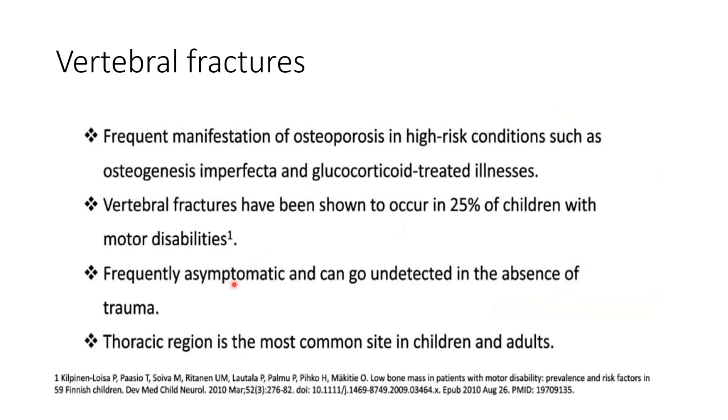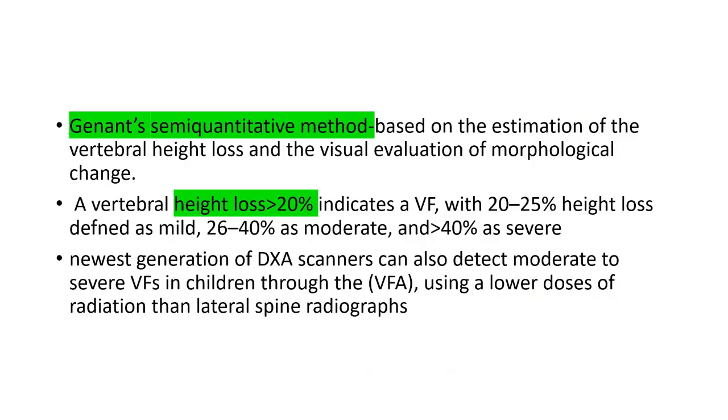They may be frequently asymptomatic and can go undetected in the absence of trauma. The thoracic region is the most common site involved in children and adults. Grading is done by Genant's semi-quantitative method, based on the estimation of the vertebral height loss and the visual evaluation of the morphological change.